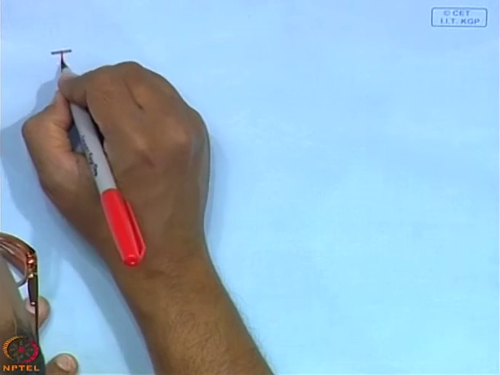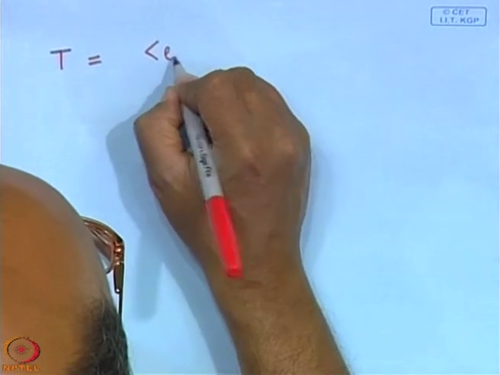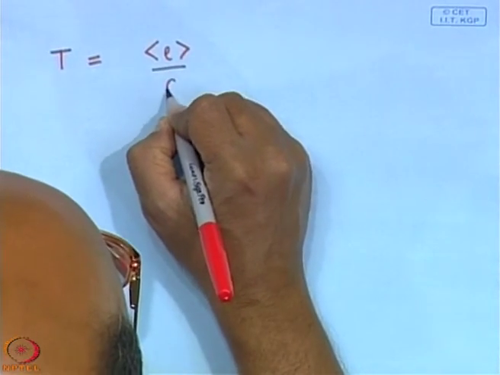And we want to estimate the time the photon takes to come out from the center of the sun. The time for each step is the mean free path divided by c.